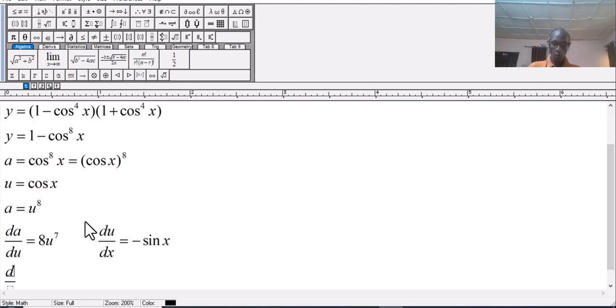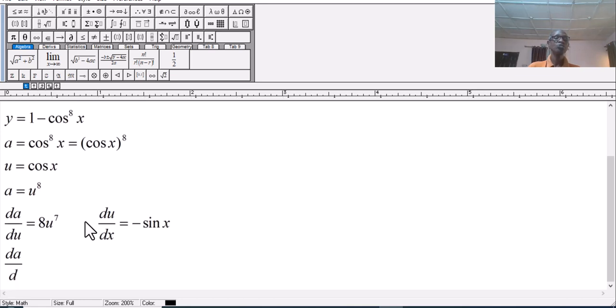So dA by dx will be equal to dA over du times du over dx.